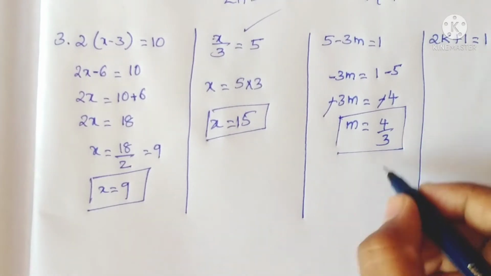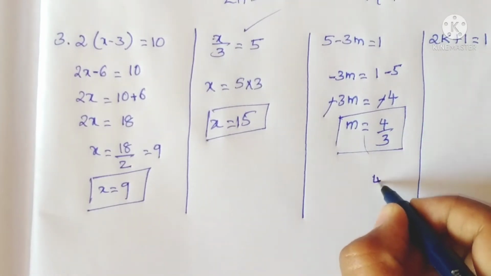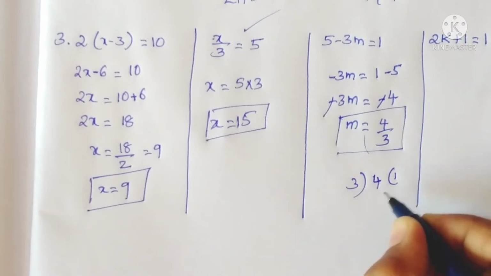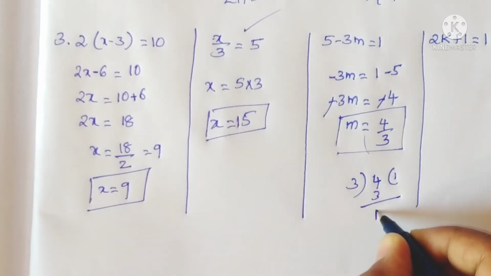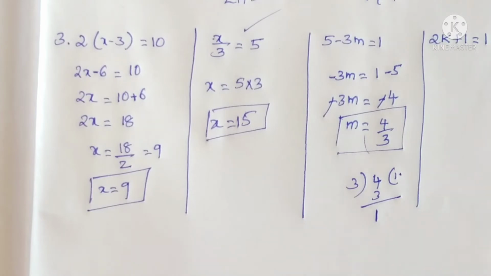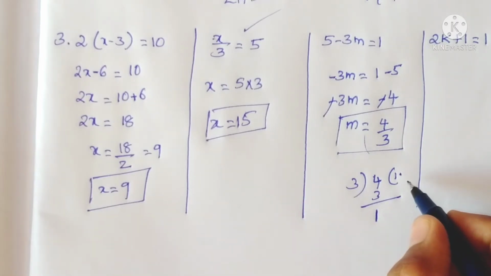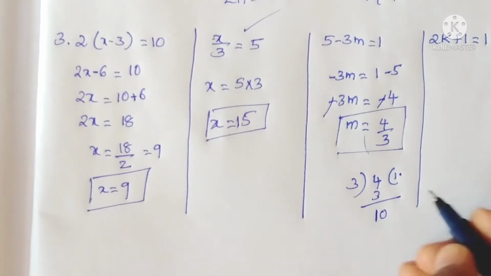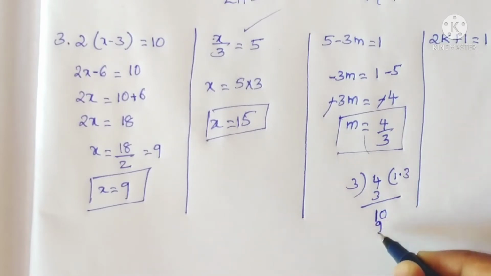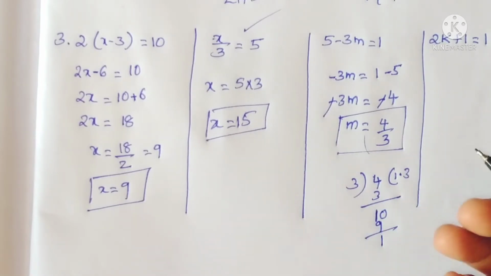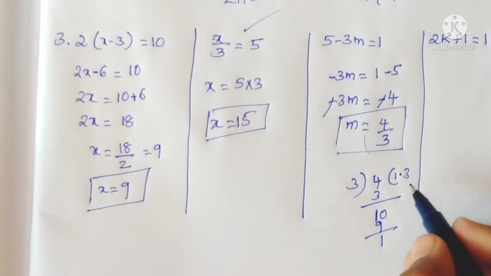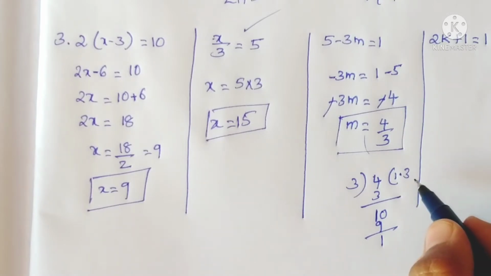If we divide 4 by 3, 3 ones are 3. 4 minus 3, 1. So it is a decimal point, so we can add 0. 3 3s are 9. So again 1 will come. So it does not have an end point.